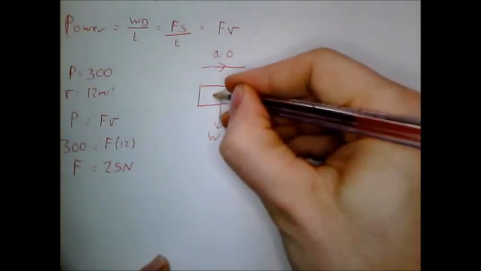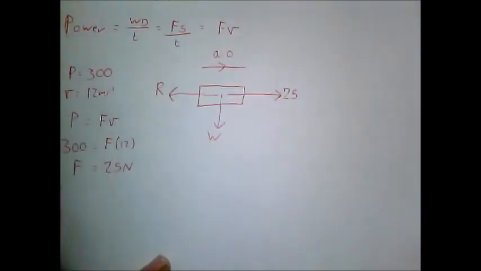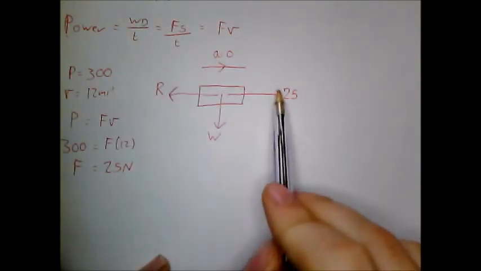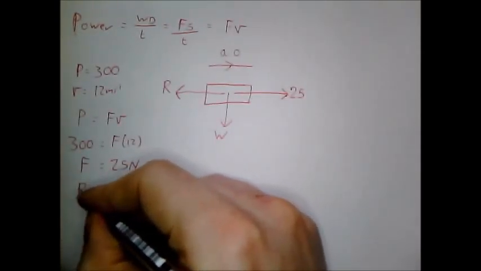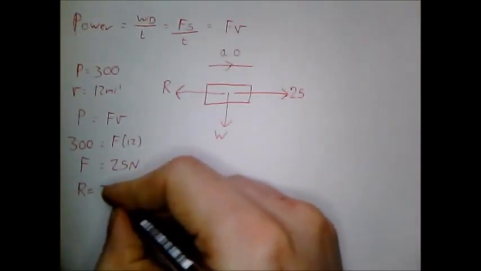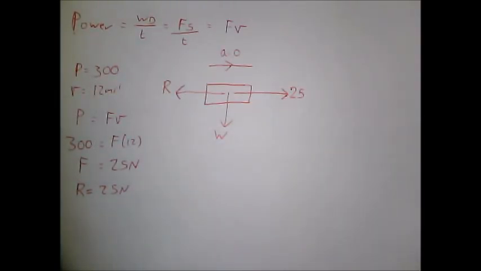So obviously there's going to be a resistance force there, which has to be equal to 25 to cancel it out. So R is also equal to 25 newtons. And that's job done for part 1.